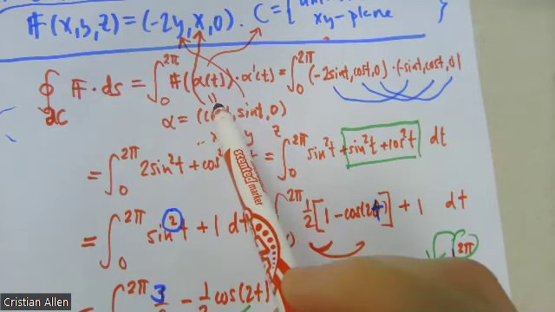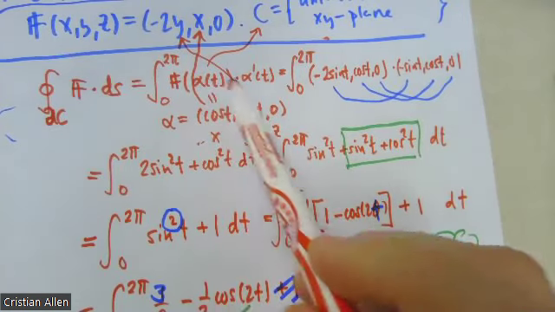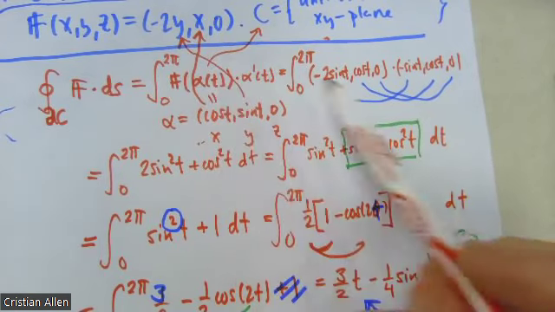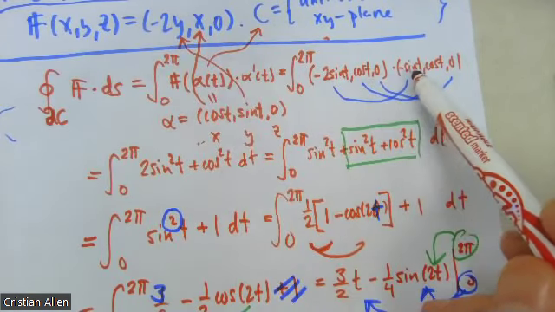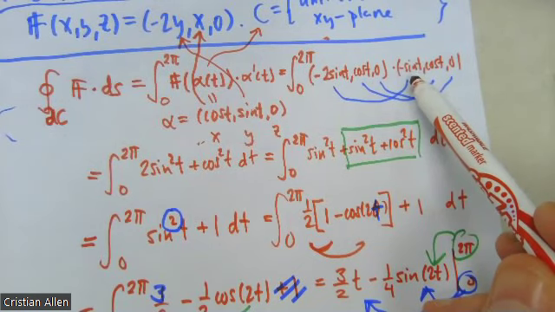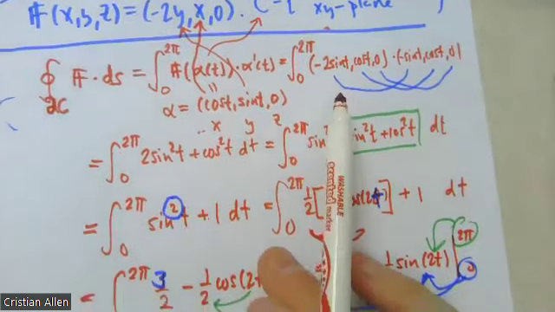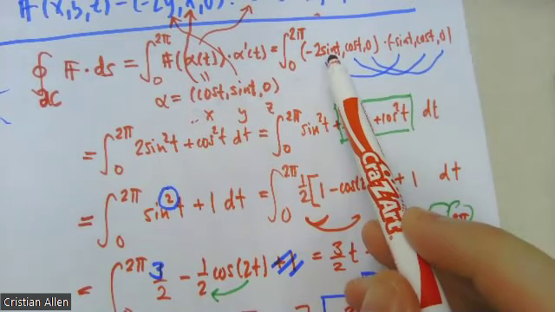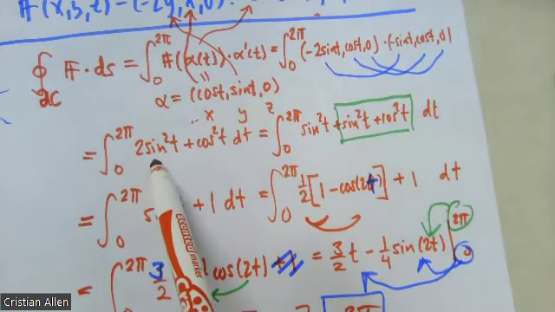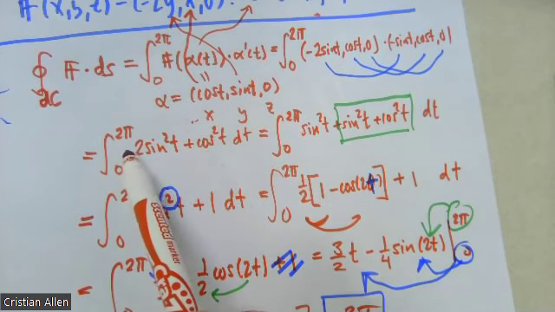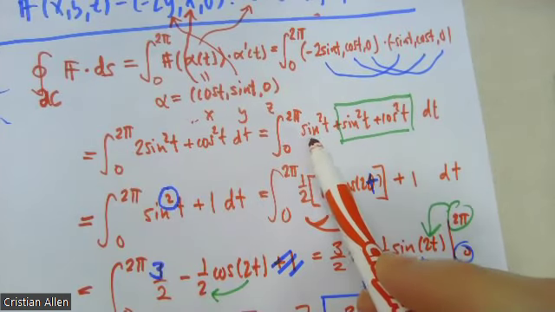Plug that in, you get negative 2 sine, cosine, 0 dot negative sine. Is that right? Yeah, that's right. Okay. So we got 2 sine squared plus cosine squared from 0 to 2 pi.